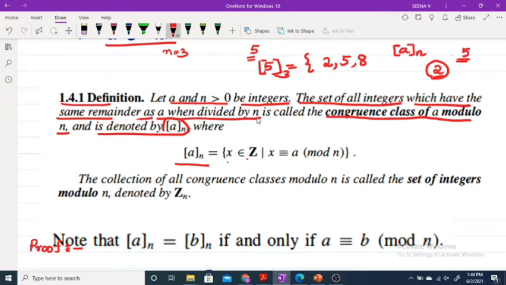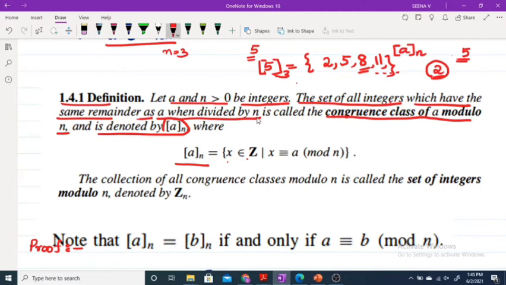When 8 is divided by 3, we have remainder 2. Then the next number, 11. When 11 is divided by 3, we get remainder 2. Like this. This consists of all integers, that means the negative part also. So I think it is clear.